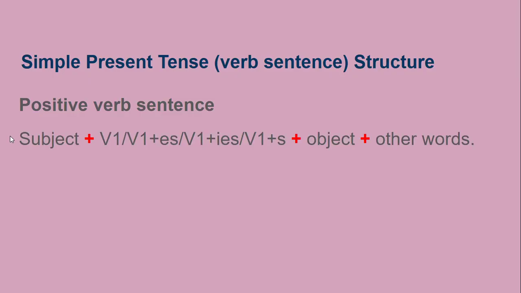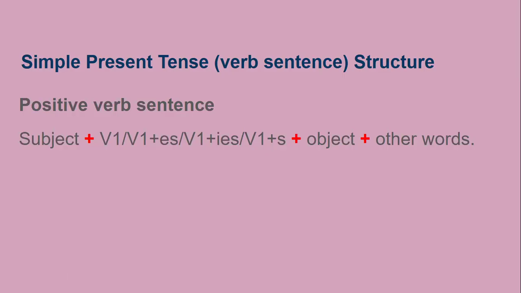The structure is as follows. When we form a sentence in the simple present tense, and the sentence is a positive sentence, we need to first state the subject, and then after the subject, we have to put the verb. Now, the verb that we use, right?